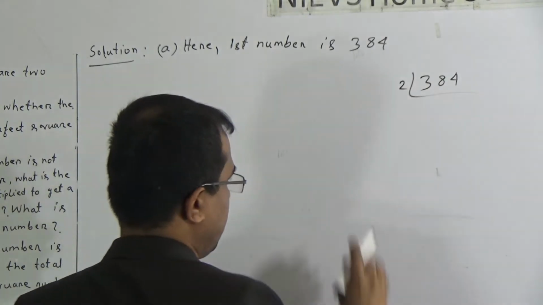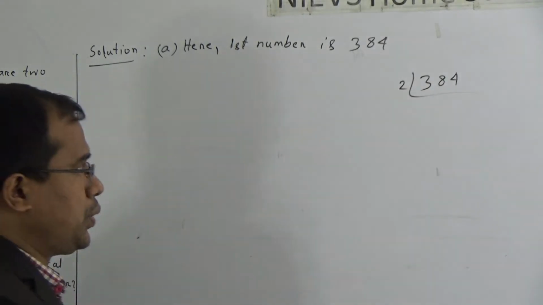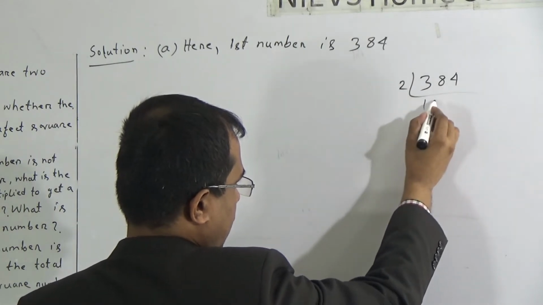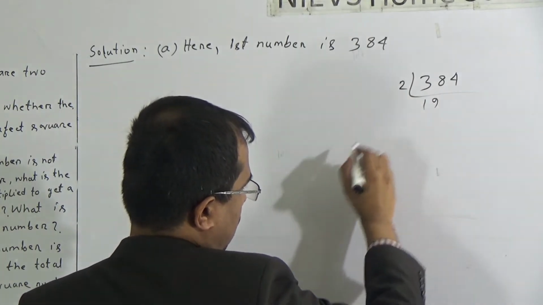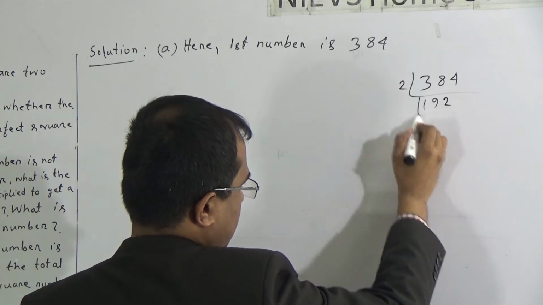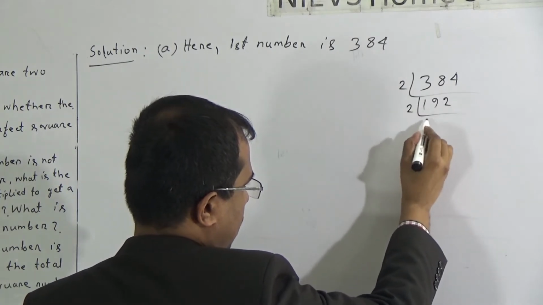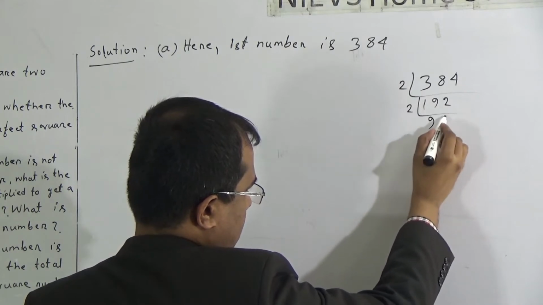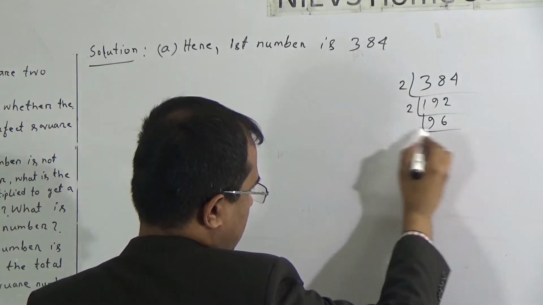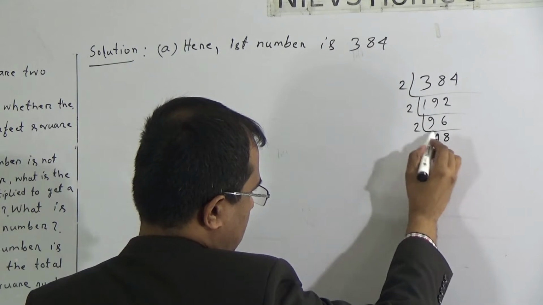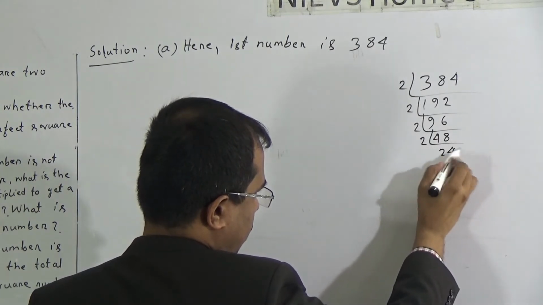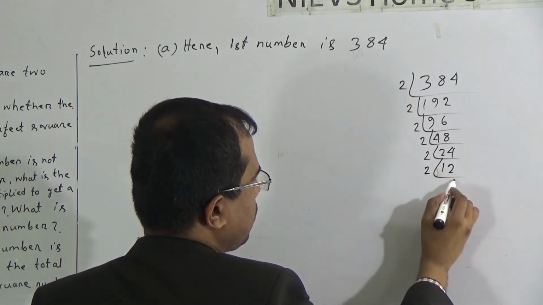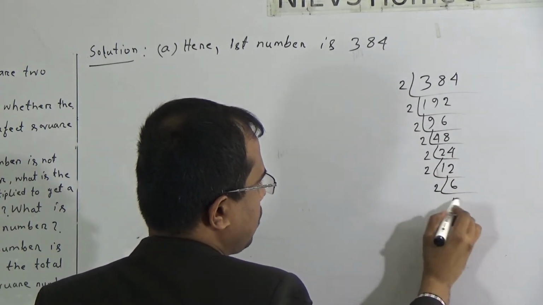At first we can divide 384 by 2, then 3 ones are 2, ones are 2, and 9 2s are 18, then 2 2s are 4, 192. Then again you can divide it by 2, then 9 2s are 18 and 6 2s are 12. Again you can divide it by 2, it will be 48. Again you can divide, then it will be 24. Again you can divide by 2, it will be 12. Now you can divide by 2, then it will be 6. Again we can divide by 2, then it will be 3.